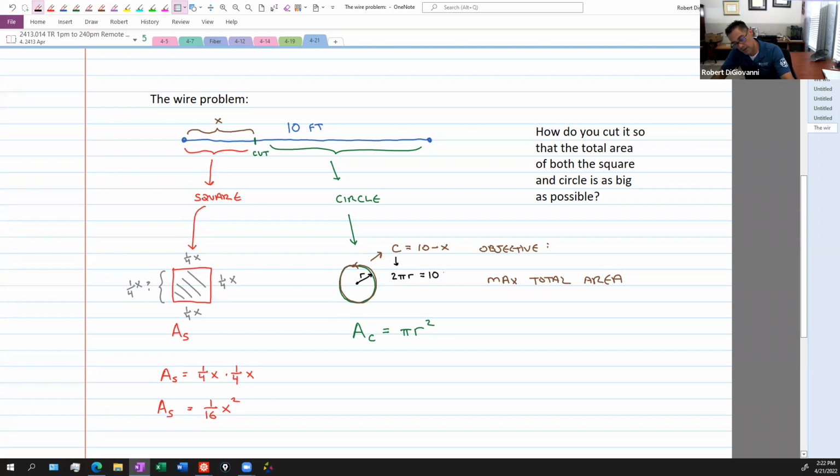That must equal 10 minus X. And I can solve that for R. R is (10 minus X) over 2 pi. So I just divided both sides by 2 pi. Which means the area of the circle is pi times ((10 minus X) over 2 pi) squared. That's my R squared.